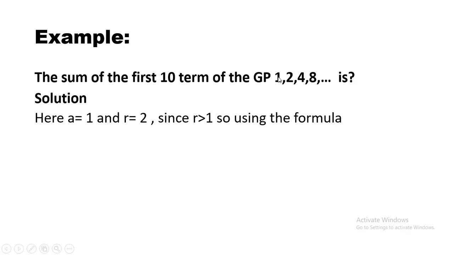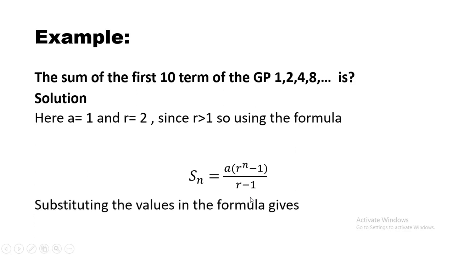If you find the ratio of 2 and 1, 4 and 2, 8 and 4, you get ratio equal to 2. Now since the ratio is greater than 1, we will be using this formula, s of n is equal to a times bracket r to the power n minus 1 over r minus 1.